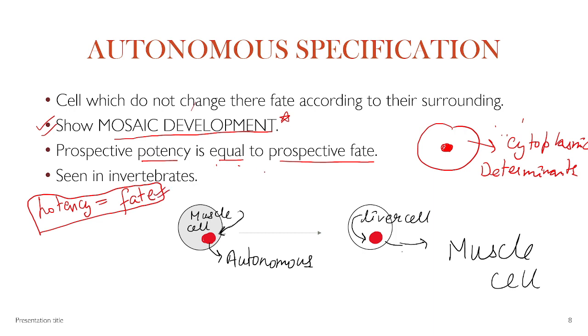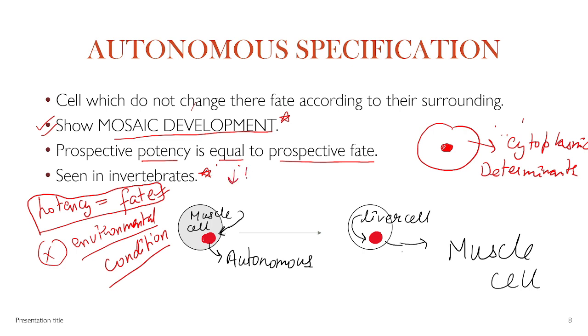Nothing can change its fate. No environmental condition would be able to change its fate. So there is no influence of any environmental condition over here. It is seen in invertebrates, or we can say in lower organisms.